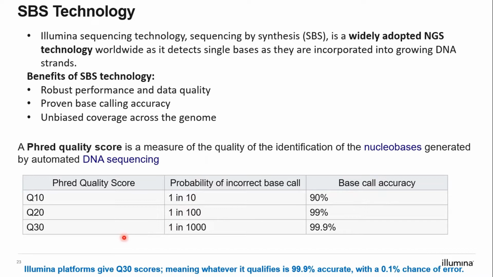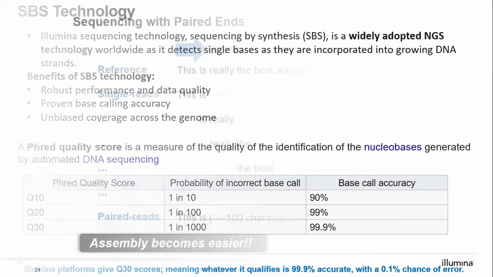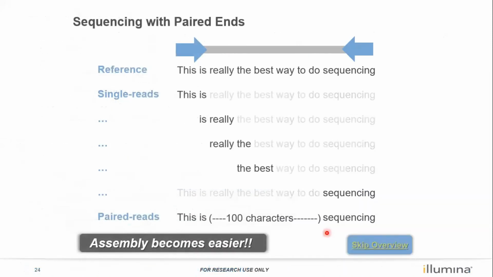Illumina platforms give Q30 scoring, meaning whatever it qualifies is 99.9% accurate with a 0.1% chance of error. Q30 means 1 error in 1000 bases. One in 100 is 99% accuracy, and 1 in 1000 makes it 99.9% accuracy. This is the best quality result you get from Illumina sequencing platforms.